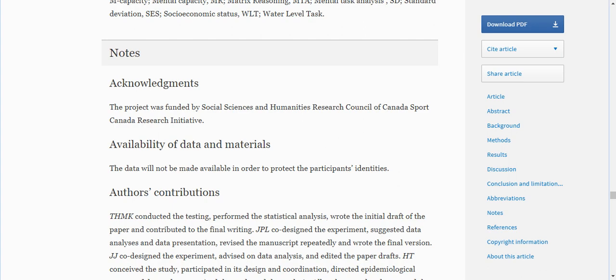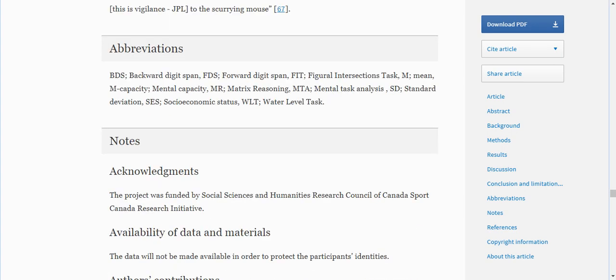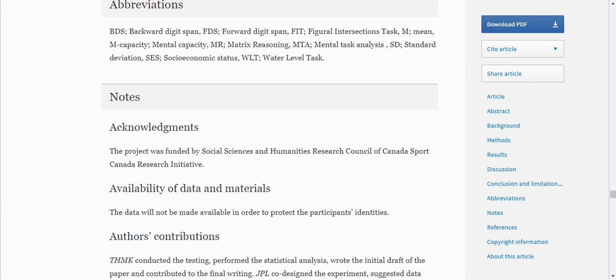So if this was a research article on nutrition and food, or a certain drug, and in the contributions, competing interests and acknowledgments there was a drug company that paid for this research, or a corporation that paid for the research, you may not be comfortable taking that to heart, right? Because there may be bias in that case.